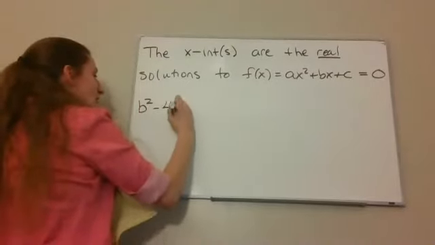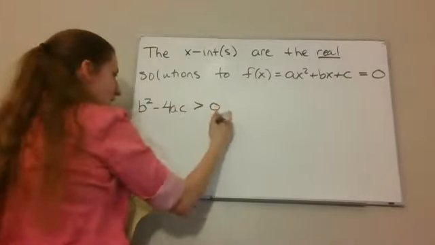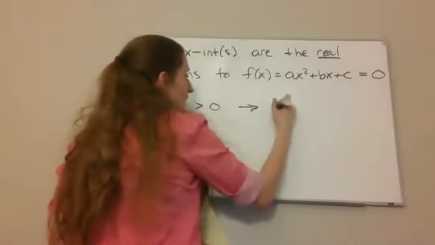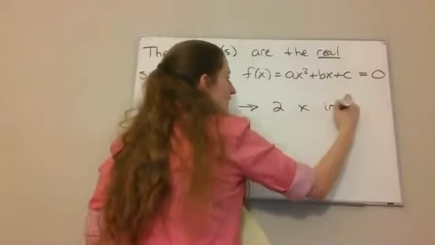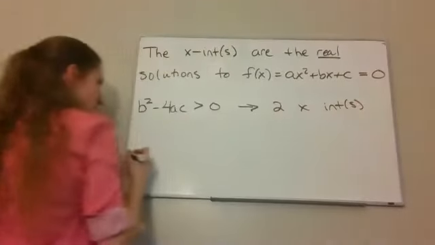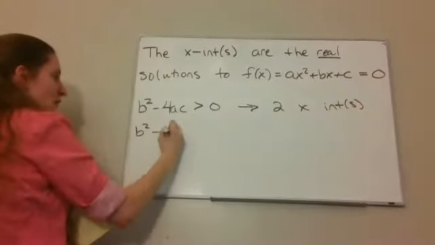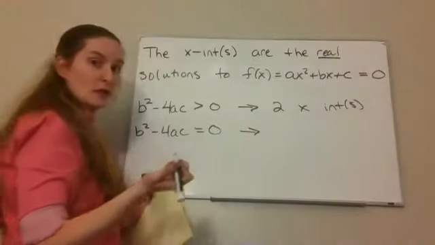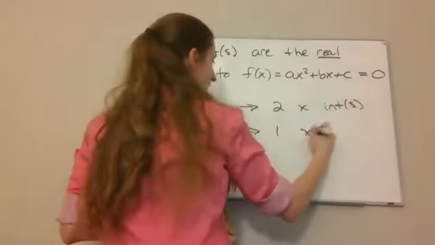If b squared minus 4ac is positive, we know that that means we have two real solutions. So that means we're going to have two x-intercepts. If b squared minus 4ac equals 0, that was one real solution. That means one x-intercept.